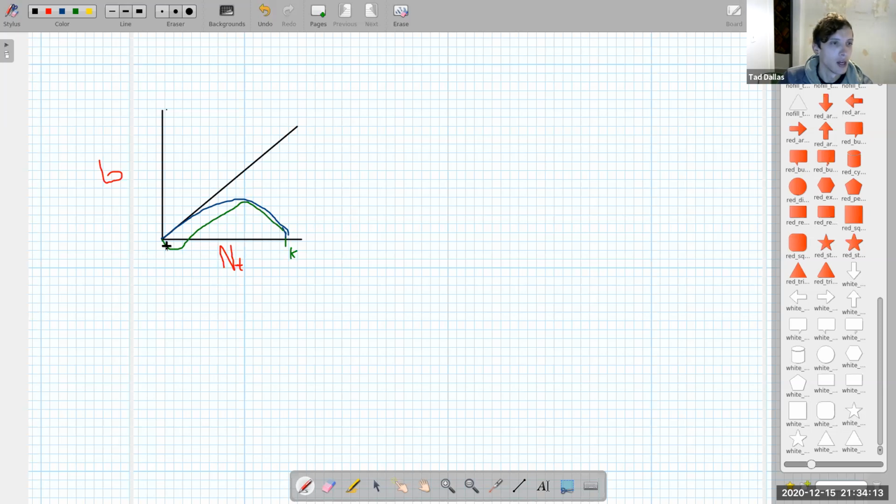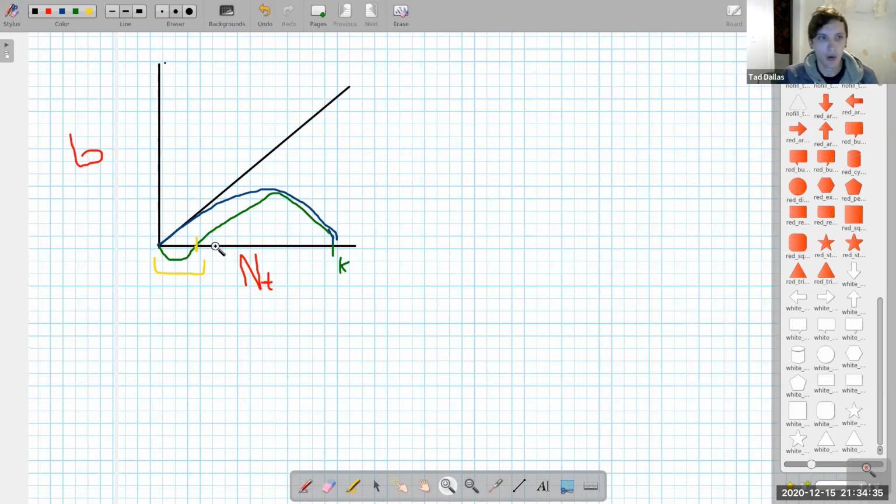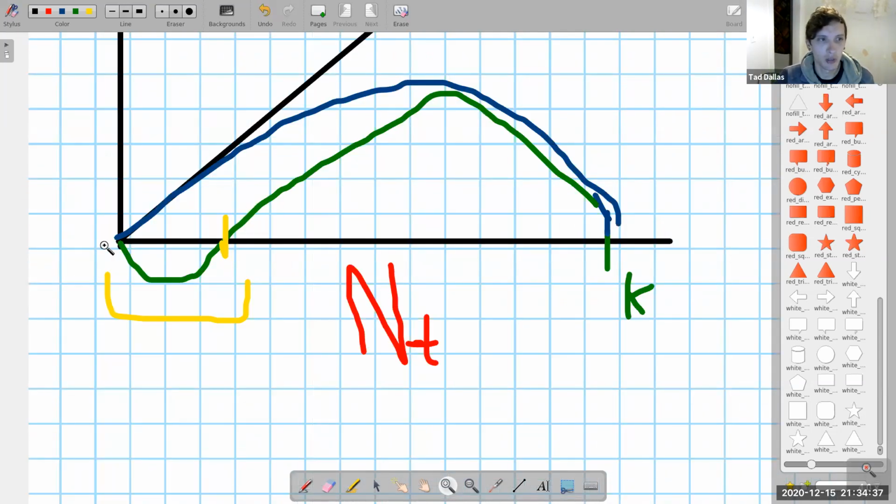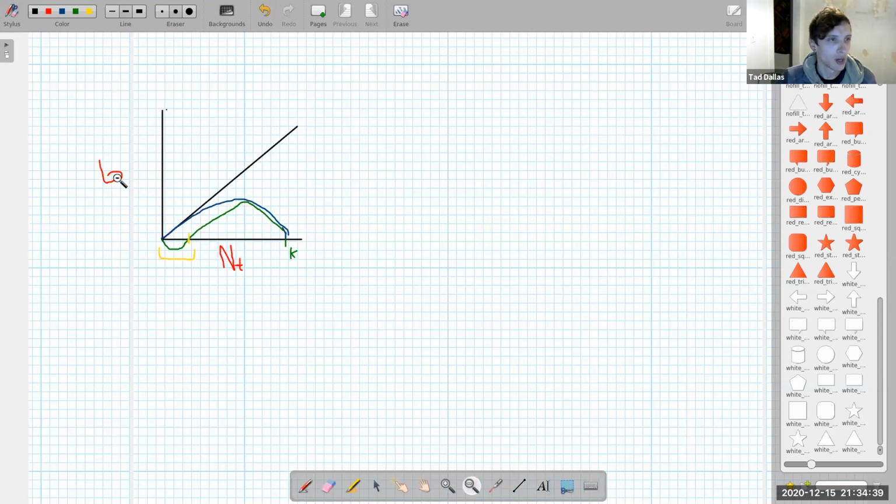So in this little bit right here, there's some number of individuals n that's non-zero, which causes birth rate to be at 0 and then go negative.